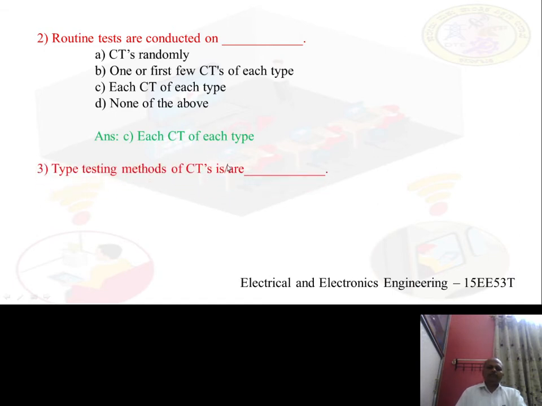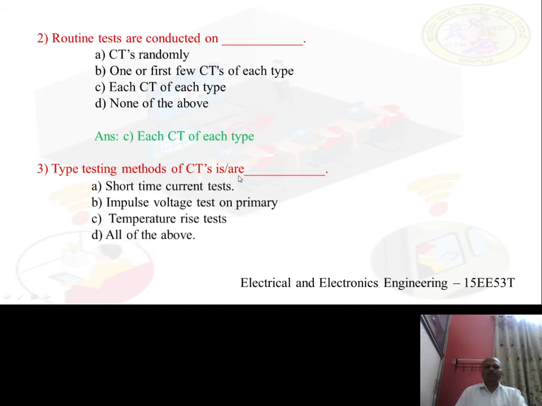Question number 3. Type testing methods of CTs are dash. Your options are A. short time current test, B. impulse voltage test on primary, C. temperature rise test, D. all of the above.